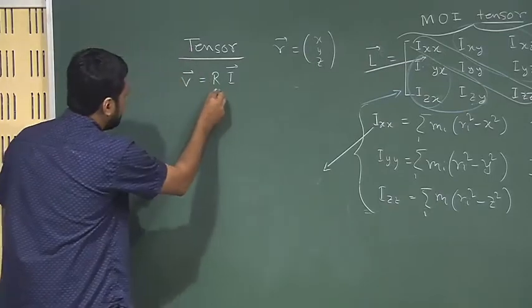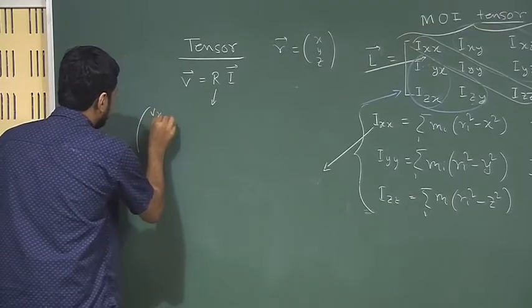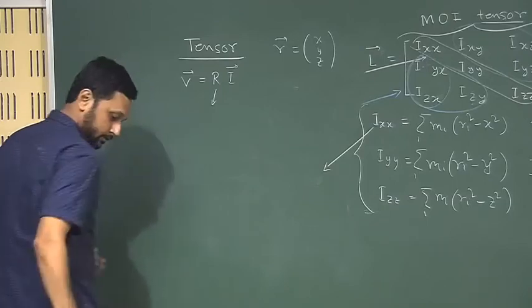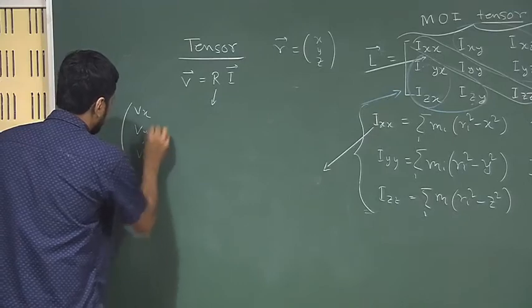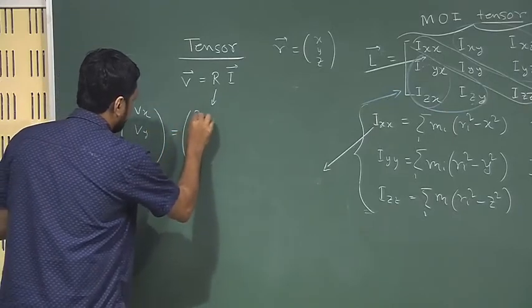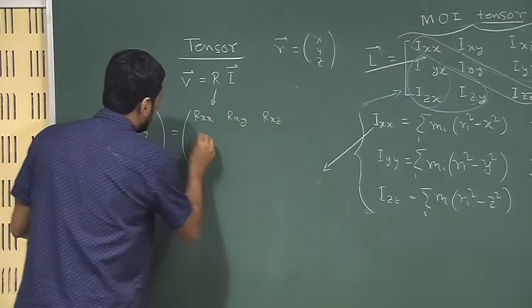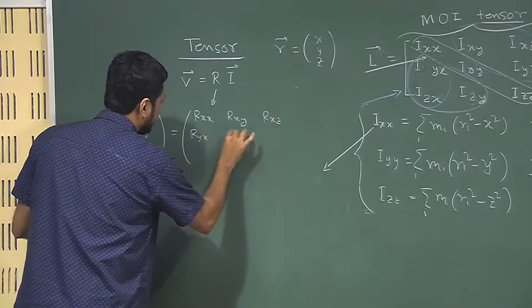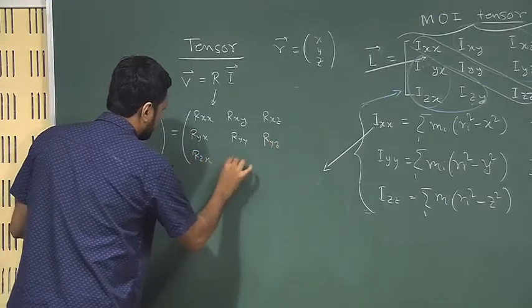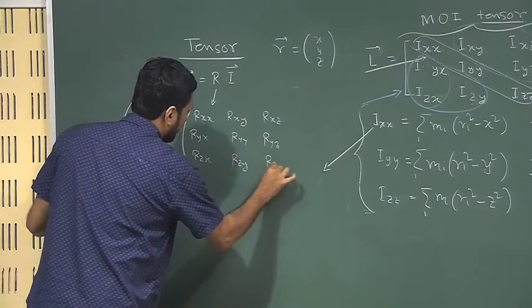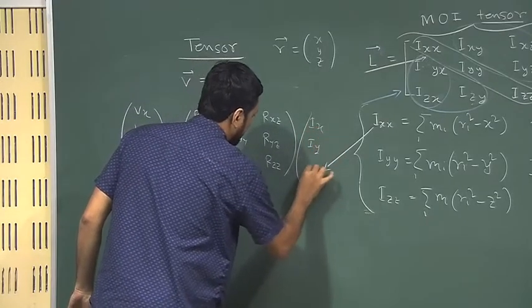So, we can represent this equation as Vx, Vy, Vz, which is given by Rxx, Rxy, Rxz, Ryx, Ryy, Ryz, Rzx, Rzy, Rzz, and we will have Ix, Iy, Iz.